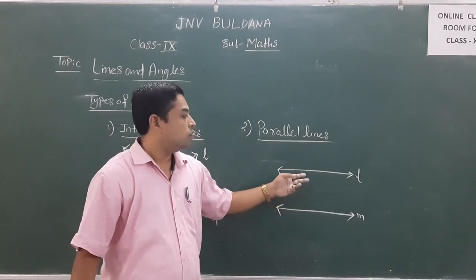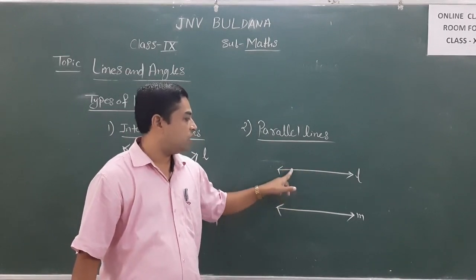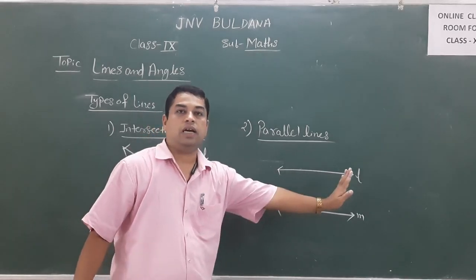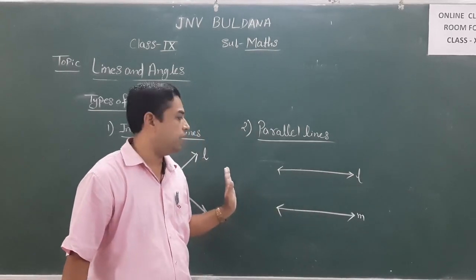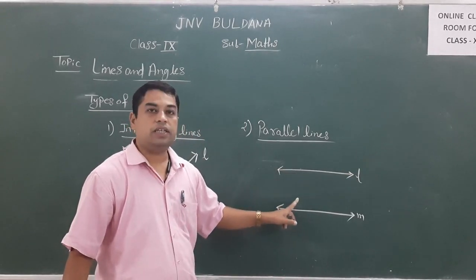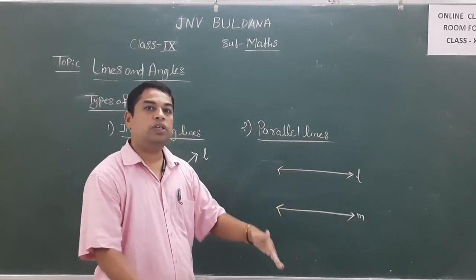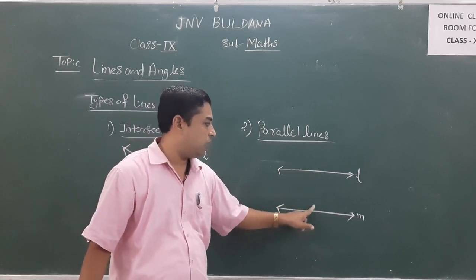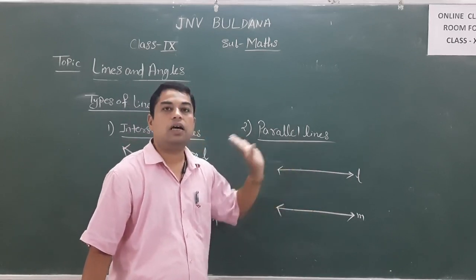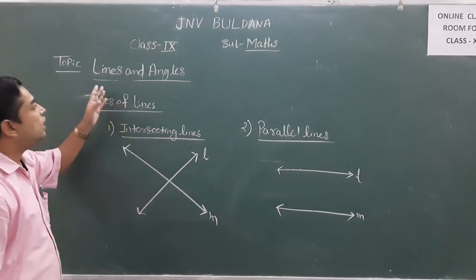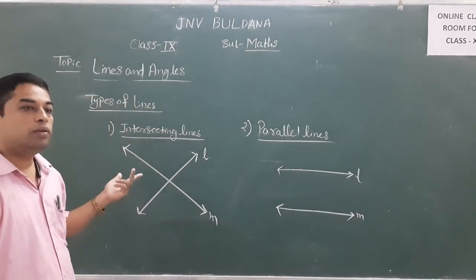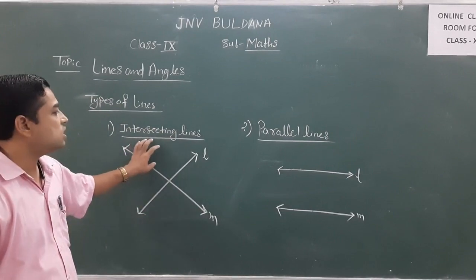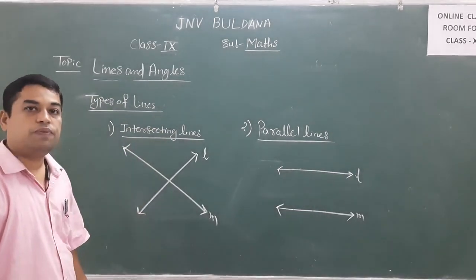So these two lines, where the distance between each point is the same, however much we extend either right side or left side, they will never intersect each other. They will never bend toward each other. So this type of lines where the distance remains the same at any point are called parallel lines. So mainly lines are two types. The first is intersecting lines and second is parallel lines. So today we will discuss the intersecting lines first.